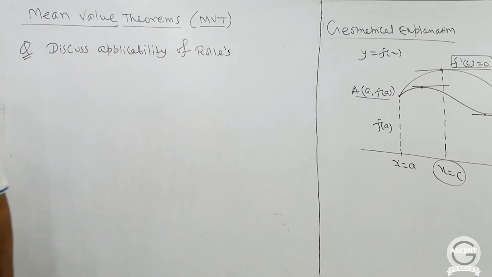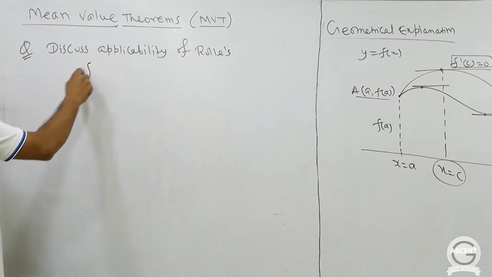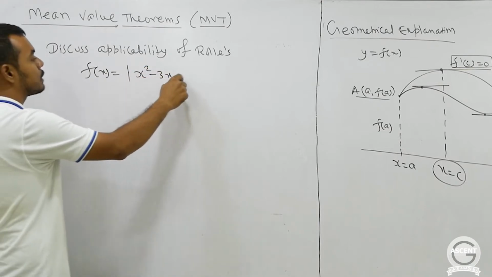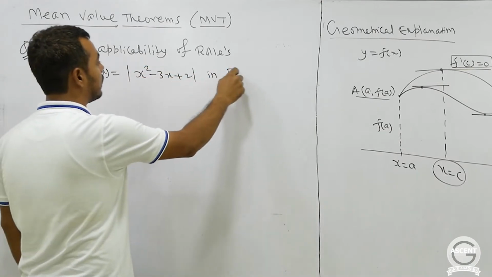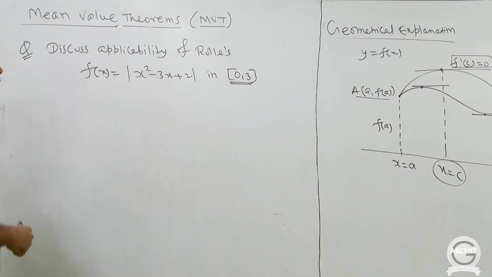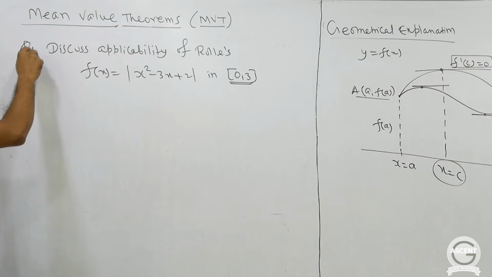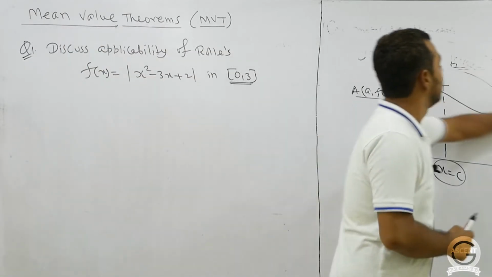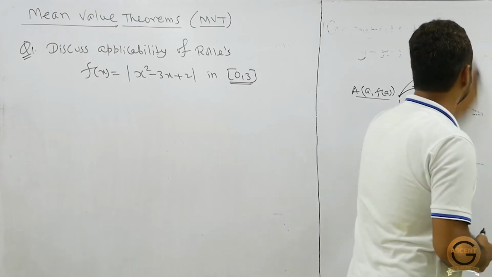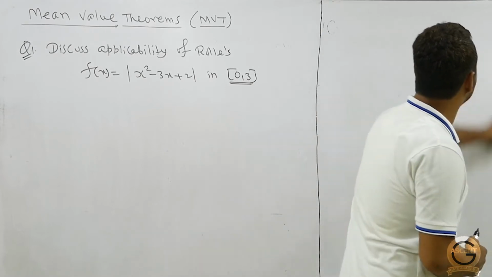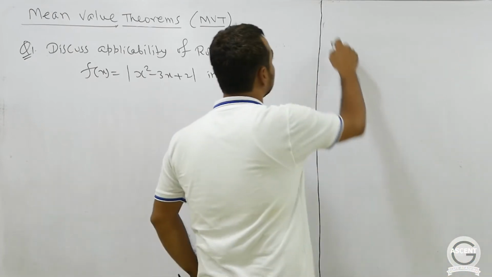Discuss the applicability of Rolle's theorem for f(x) equals mod of x square minus 3x plus 2 in the interval 0 to 3. Okay, so this is the problem that we have. This will be our first problem, and we will take one more problem based on finding the value of c for a given function in a given interval.